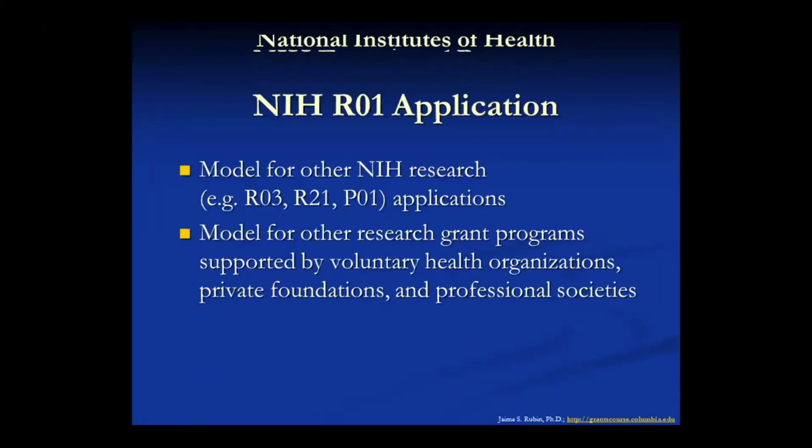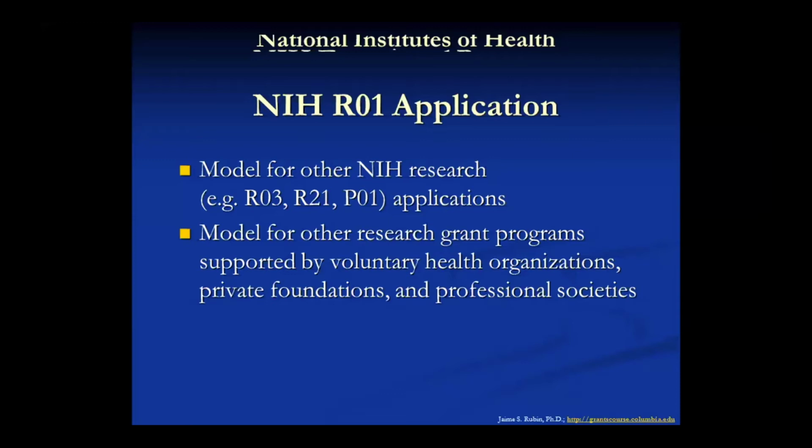Now, this R01 application that I'm going to discuss at a very granular level is a model for other types of NIH research grant applications, like the smaller R03, which usually provides $50,000 a year over 2 years, or the R21, which usually provides $275,000 over 2 years, and the very large P01 programs, which many times are a connection between 3 or more R01 type projects.